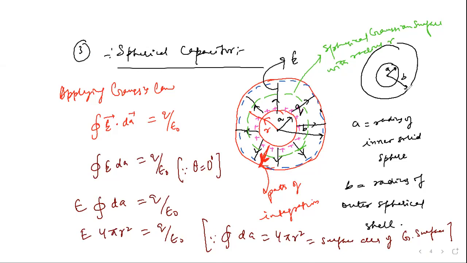I repeat, if we let B tend to infinity, the capacitance of the system will be simply associated with the inner solid sphere of radius A.